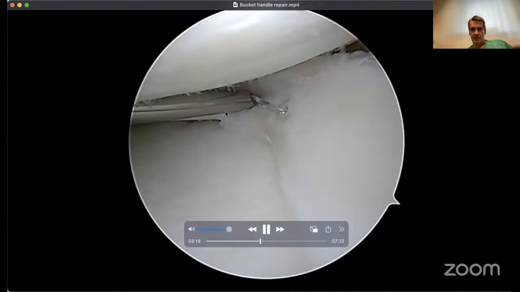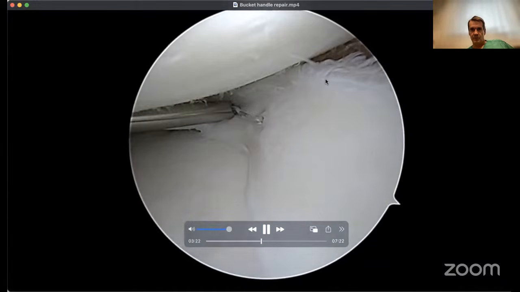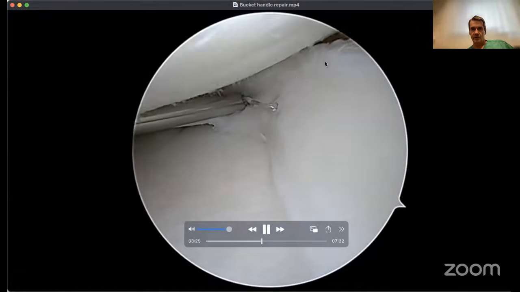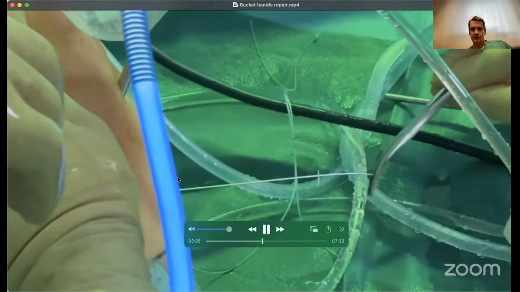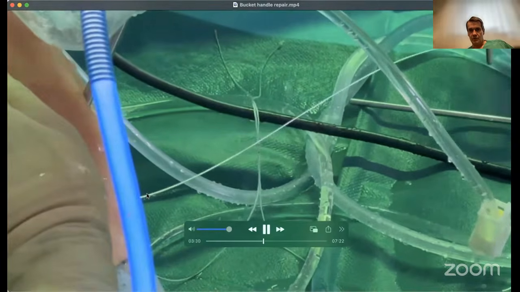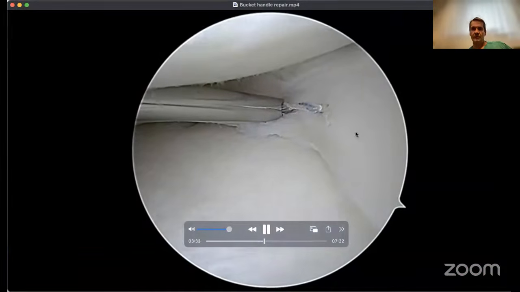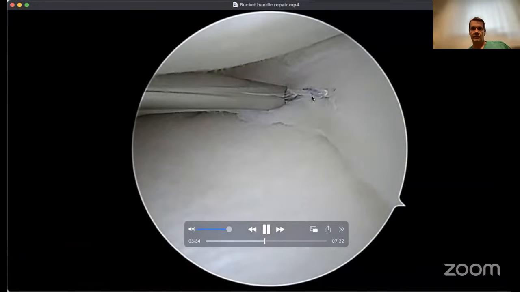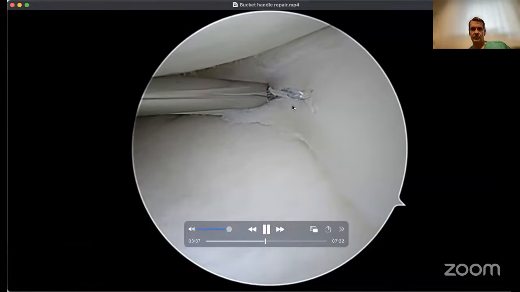Here you see how the needle is pushed through the torn meniscus fragment and the base of the meniscus, and here you should make sure that you do not entrap the saphenous nerve with those sutures.